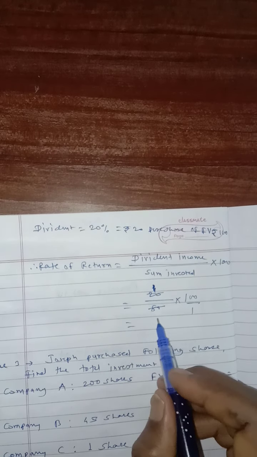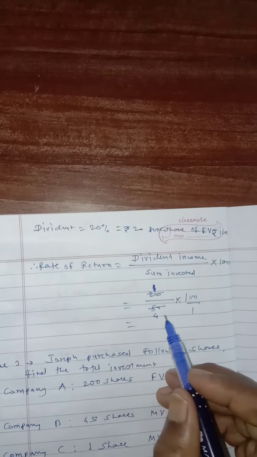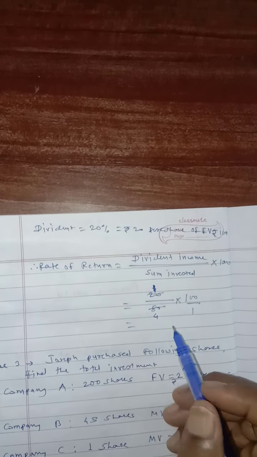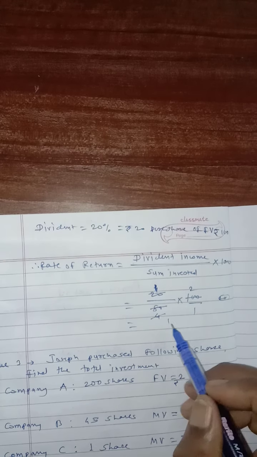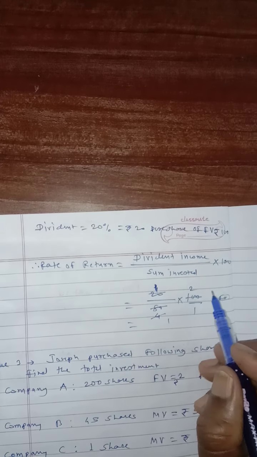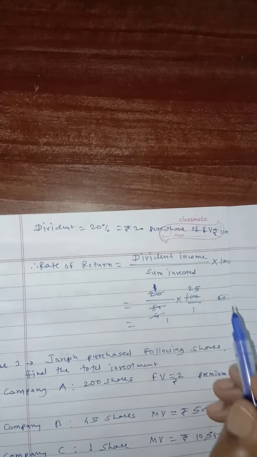20 into 1 is 20 and 20 into 4 is 80. 4 into 1 is 4. 4 into 2 is 8. 10 minus 8 is remaining 2. Then this number is 20. 4 into 5 is 25%.